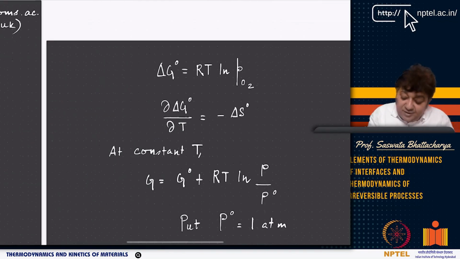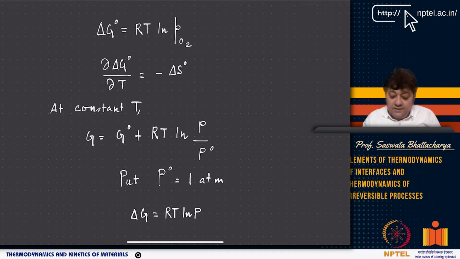Now there is one interesting point that I want to tell. At constant temperature, for example, G equals G naught plus RT ln P by P naught. This is correct, right? We have no argument about this. But put P naught equal to 1 atmosphere. Then basically you get delta G equals RT ln P, right?